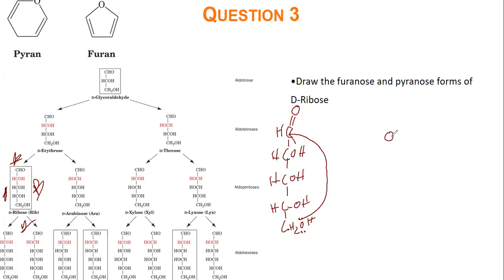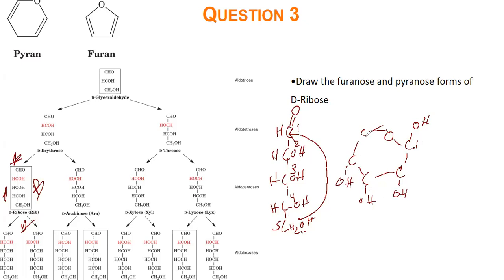So O, carbon, that would be my anomeric carbon. So carbon 1, 2, 3, 4, 5. And they're all pointing down, OH, OH, OH.